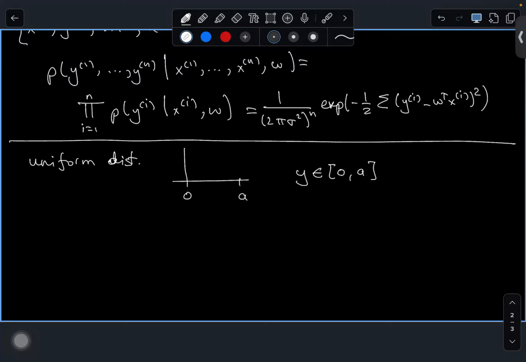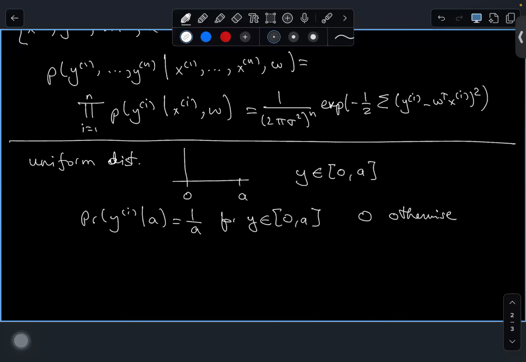So what that means is that the probability of Y i given A is going to be 1 over A. That's what a uniform distribution is, if Y belongs to this range and 0 otherwise.